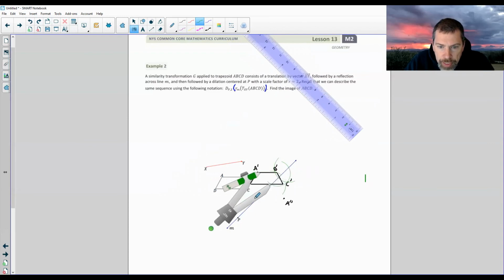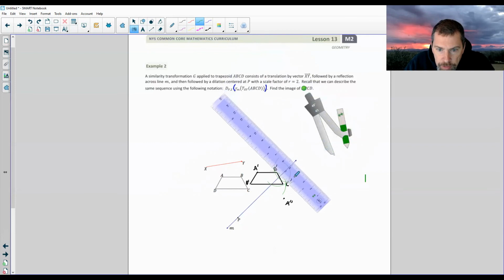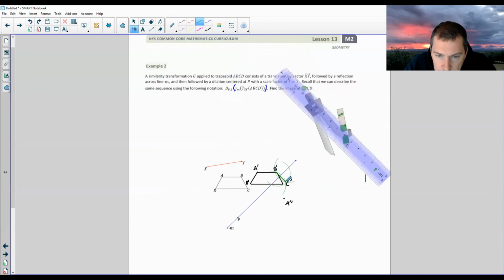All right, let me put this back. I didn't make that first arc long enough. That sometimes will happen. Draw the arc so it intersects. Okay, take my ruler, line it up. Here is my segment that goes from one side to the other. And this point right here will end up being B double prime.